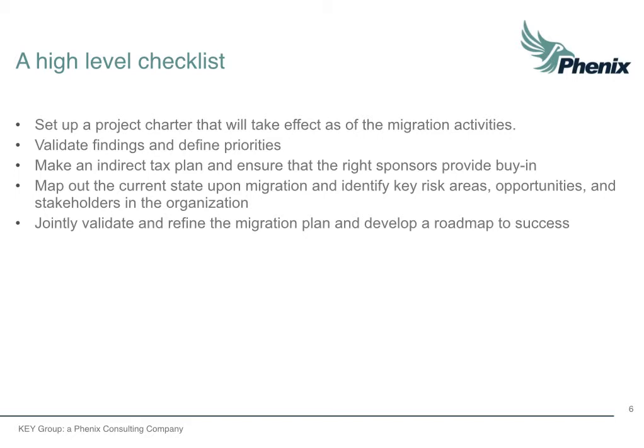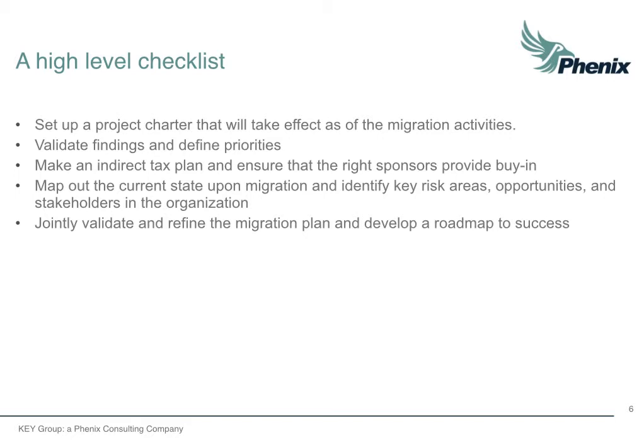Slide 6 shows an indirect tax migration checklist. Here are some action points to keep in mind so that they do not become stumbling blocks. First, set up a project charter that will take effect as of the migration activities. Second, validate findings and define priorities.